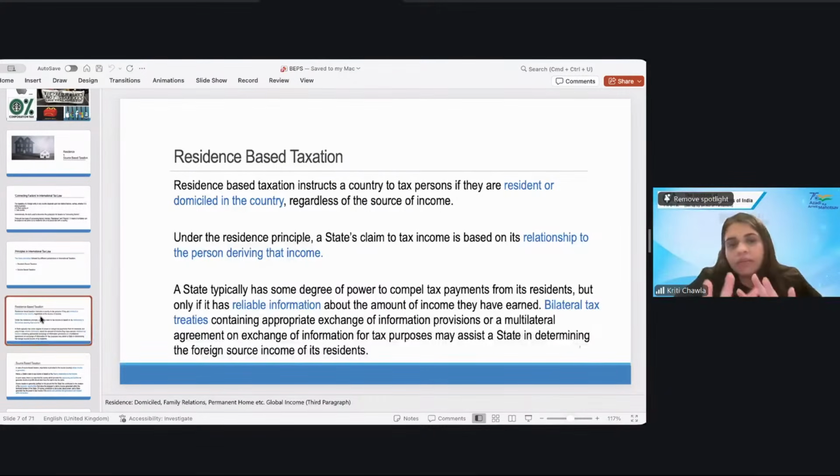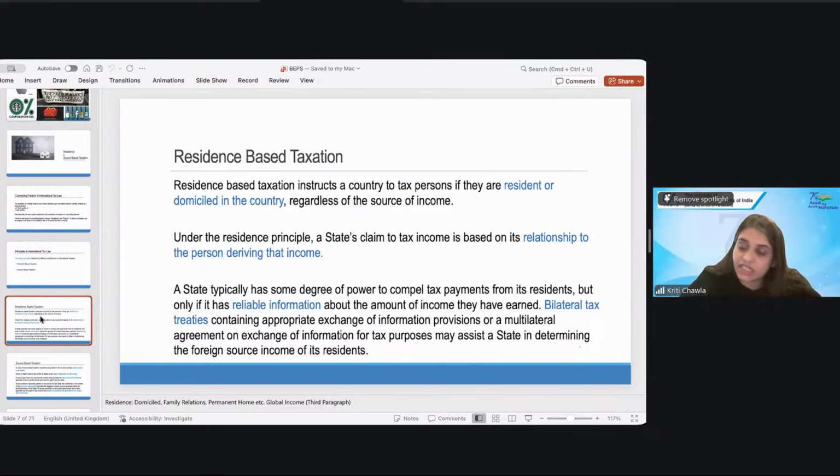Residence-based taxation basically means that if you are a resident of a particular jurisdiction, then that jurisdiction gets the right to tax that income. Like in India, if an individual becomes a resident of India, then their global income will be subject to tax.